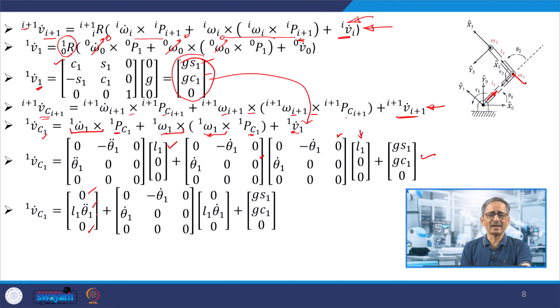There is another simplest way of doing it, and that is this one. You see this angular acceleration is along z direction, right. So, the k component will be coming over here, and this length is along x direction. So, you are going to have the i component. So, k cross i is actually you are going to get the j.